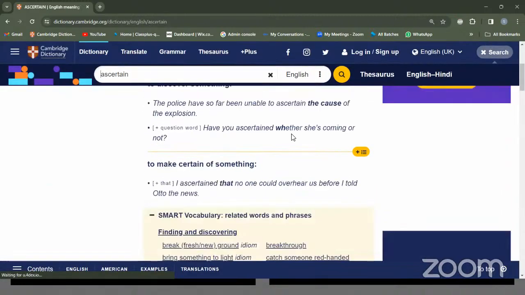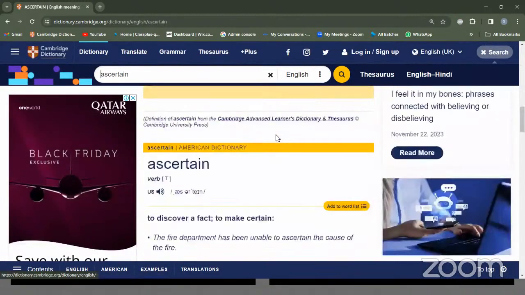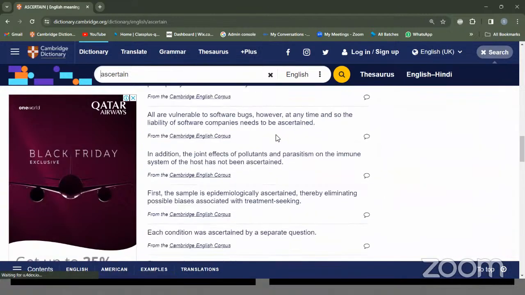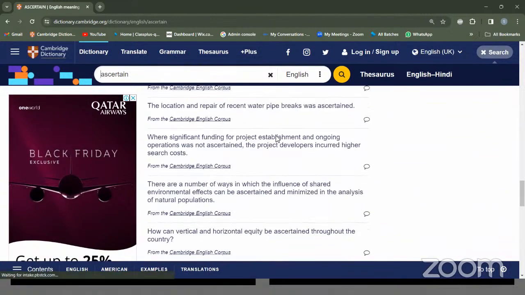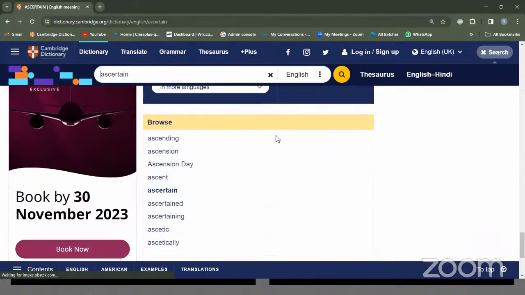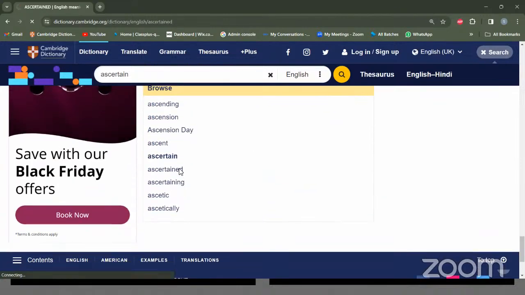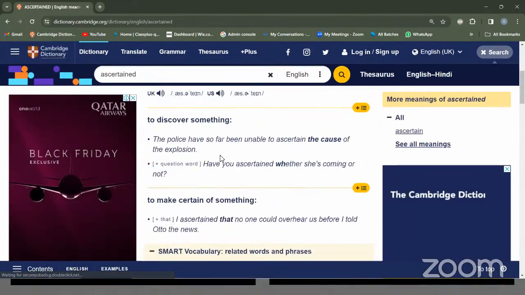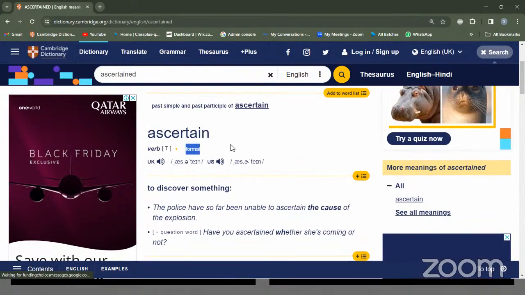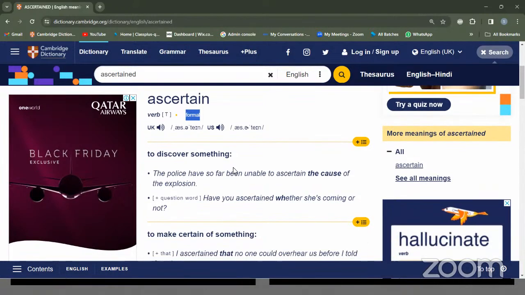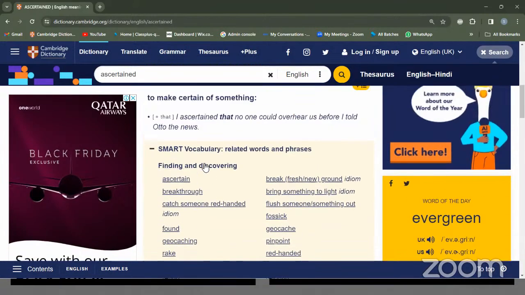Formal, to make certain. Ascertain. Formal is a very powerful word. It's almost C1, C2, but they did not give. Even higher than that, we can say.